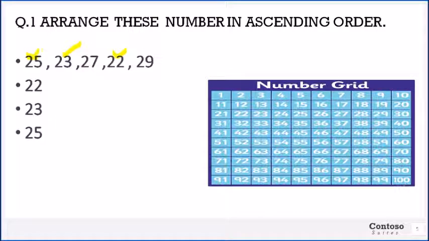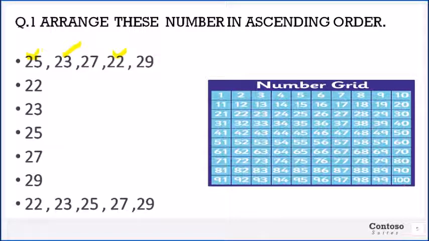Then you have to find out the next smallest number, that is among 27 and 29. Among 27 and 29, 27 is smaller than 29, and 29 is the largest number among all of these numbers. So 27 will come in the 4th position and 29 will come in the 5th position. So this is the correct ascending order of these numbers, that is 22, 23, 25, 27 and 29.